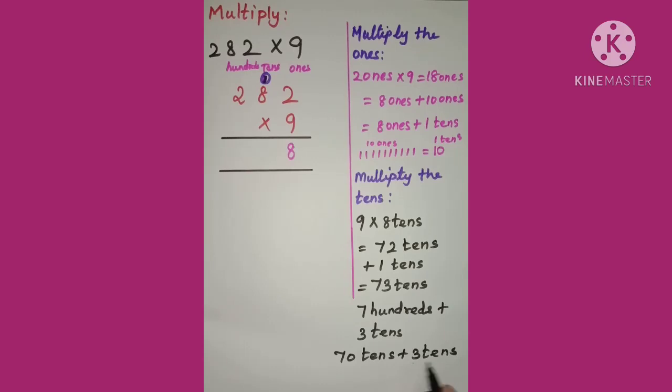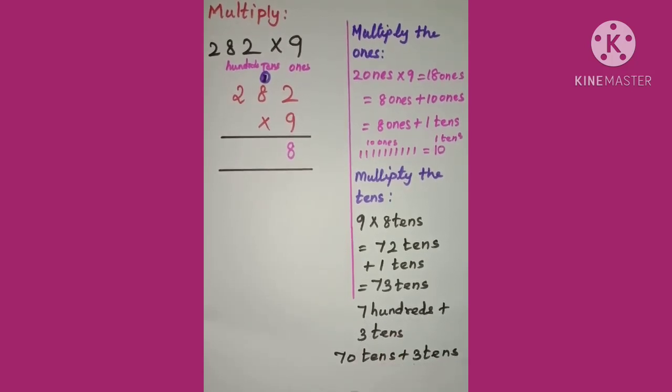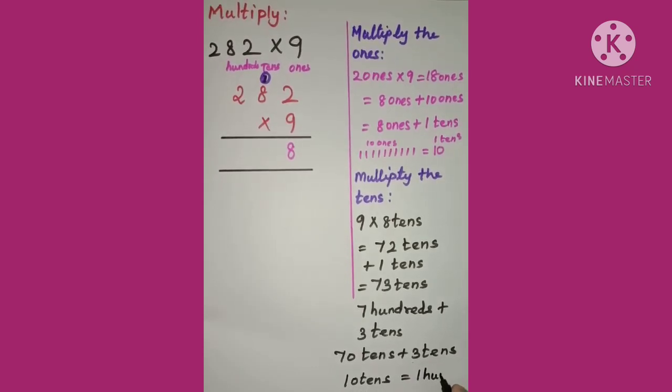So, write 3 tens as it is, and 70 tens becomes 7 hundreds, because 10 hundreds is equal to 100.